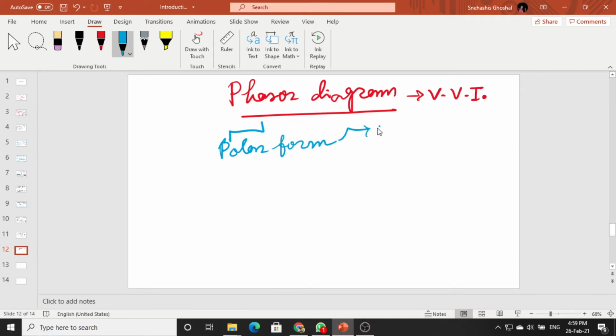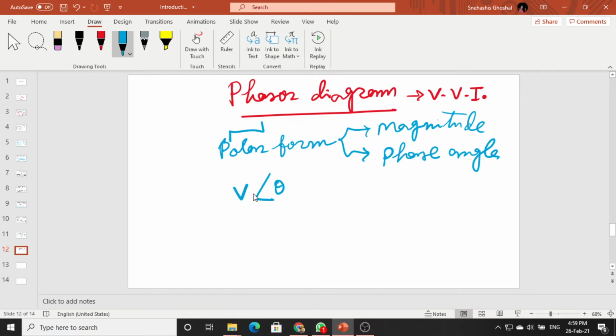So one part is magnitude, the other part is phase angle. Already I have given that V angle theta, here V is your magnitude part, theta is your phase part.